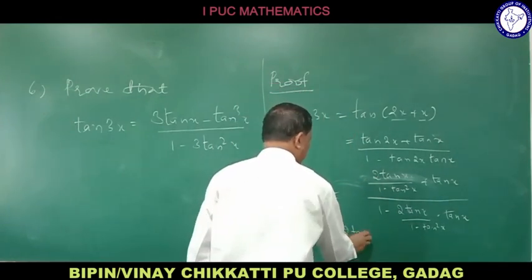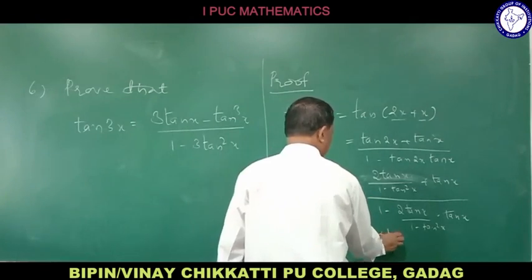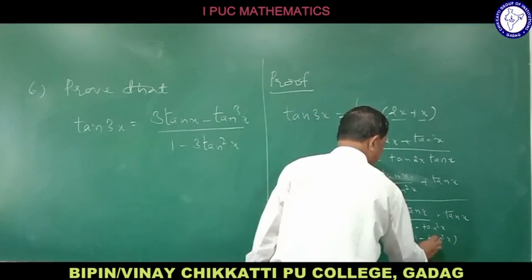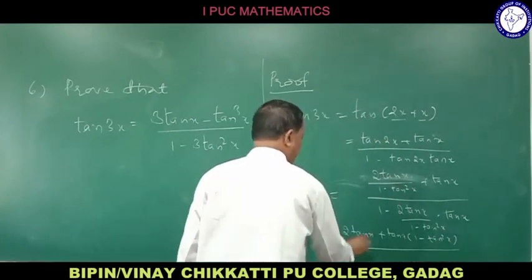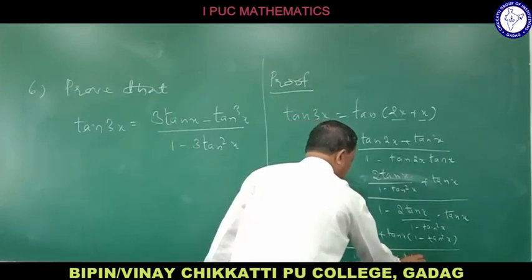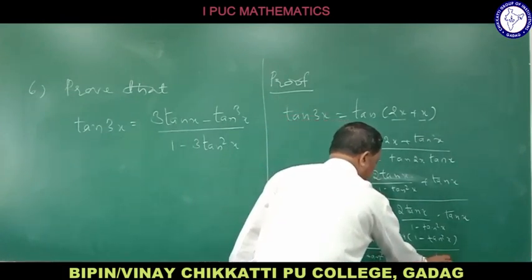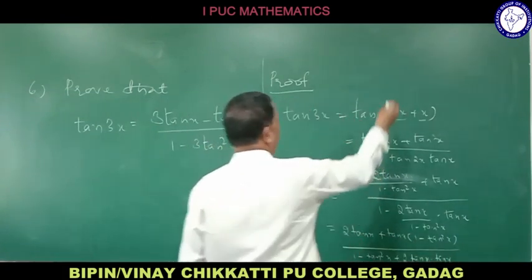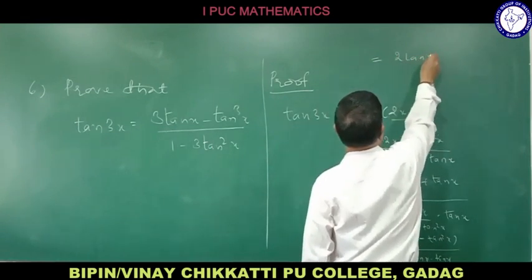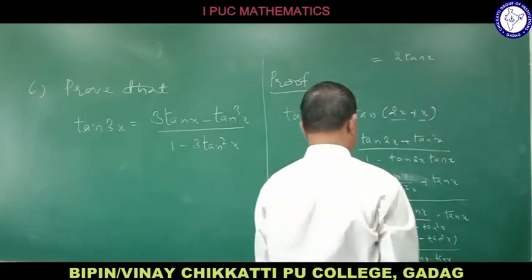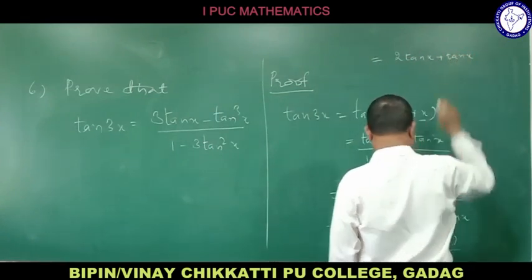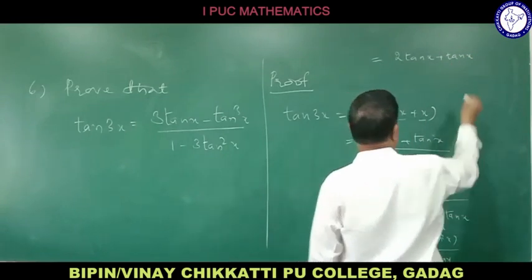So 2 tan x cancelling, plus tan x into bracket 1 minus tan square x. Similarly here, 1 minus tan square x plus 2 tan x into tan x, and finally you can understand 2 tan x plus tan x minus tan cube x.